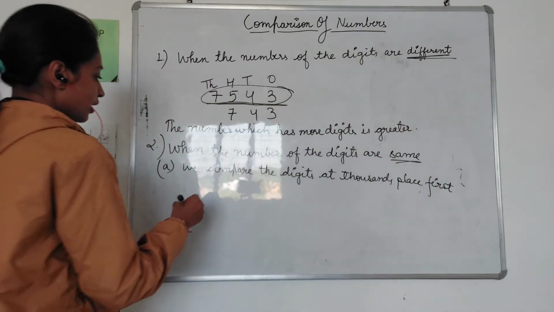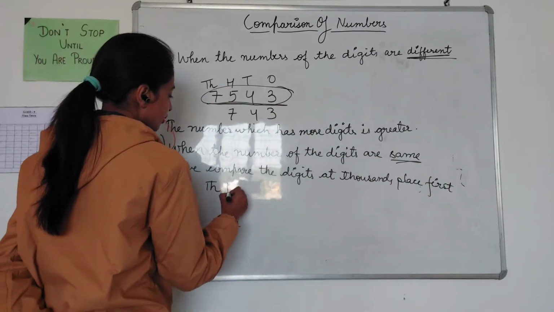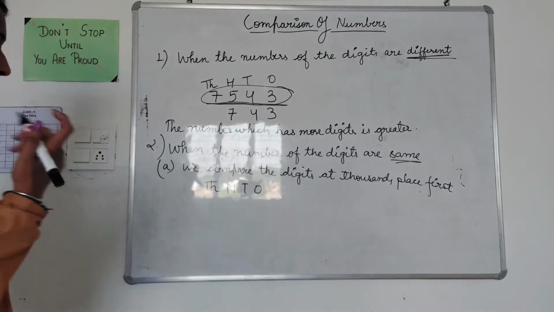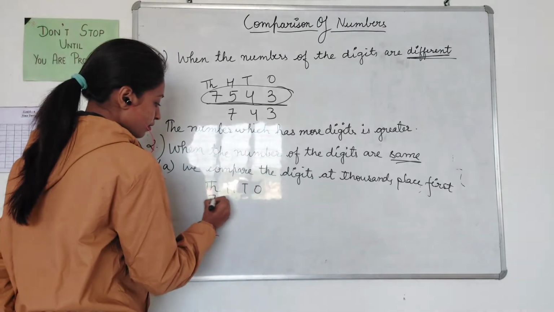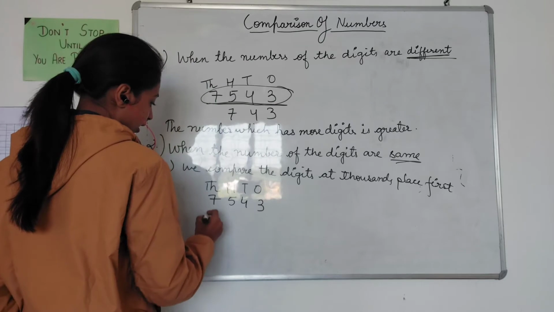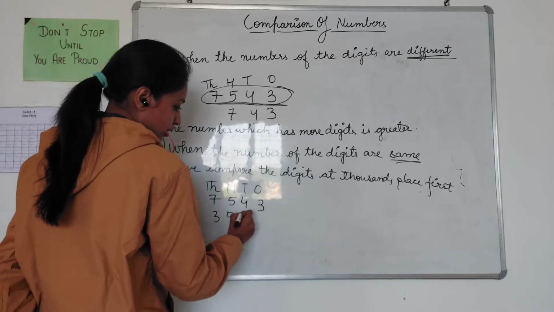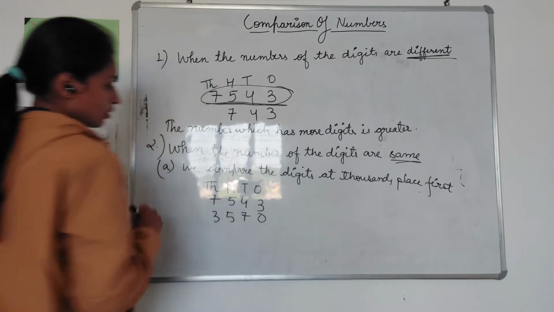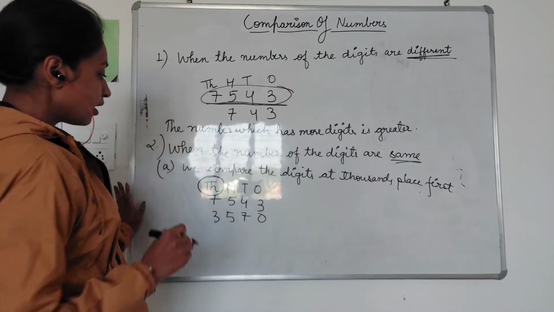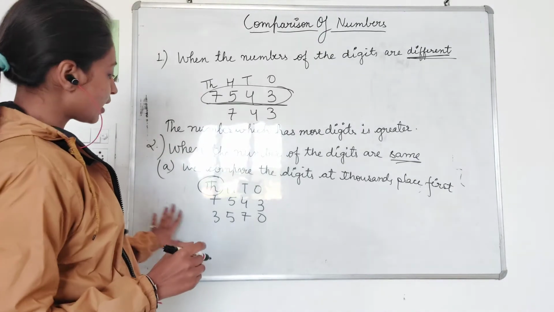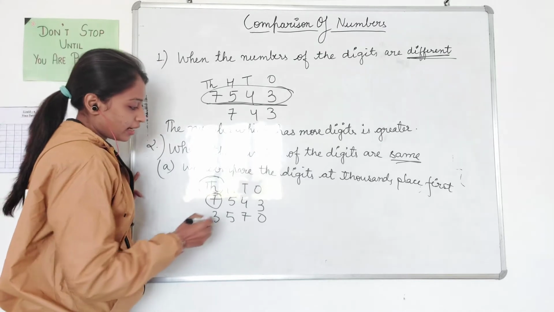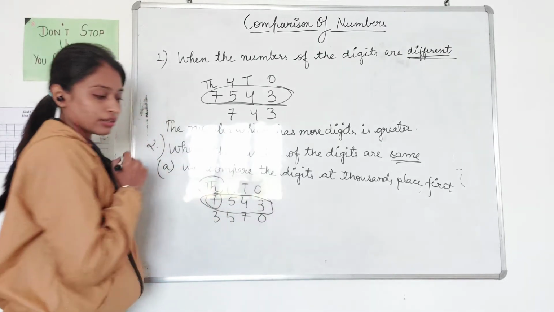Okay, so here let's say we have 7, 5, 4, 3 and 3, 5, 7, 0. ओके, अब हम चेक करेंगे 1000 प्लेस कि कौन सा नंबर ग्रेटर है. सो वी कैन सी दैट 7 is greater. Yes, so this means that this number is greater.